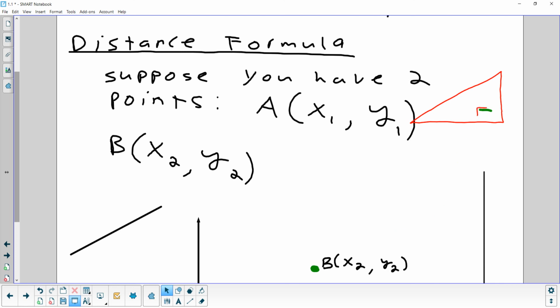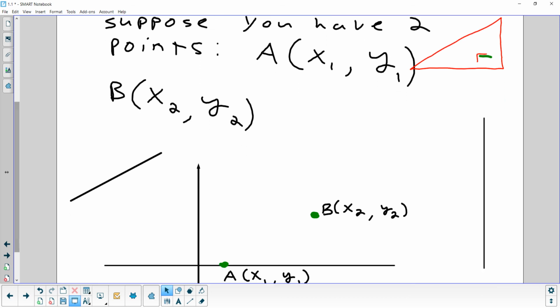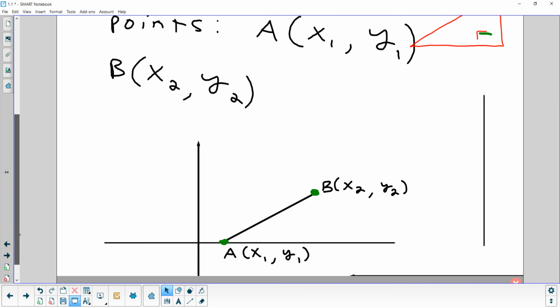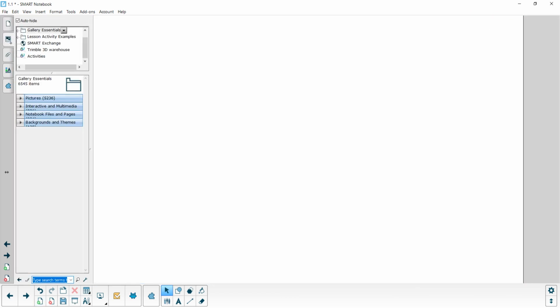And so what I did down below is I just sketched those 2 points, A and B. It doesn't really matter where you put them. But the goal is to figure out that distance. How far is it from A to B? Now on a grid, it's very easy to measure if things are horizontal or vertical.